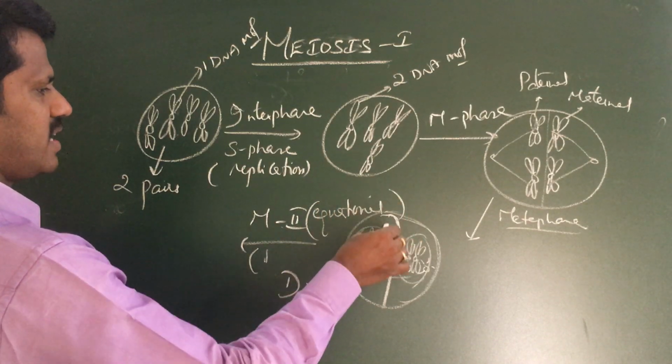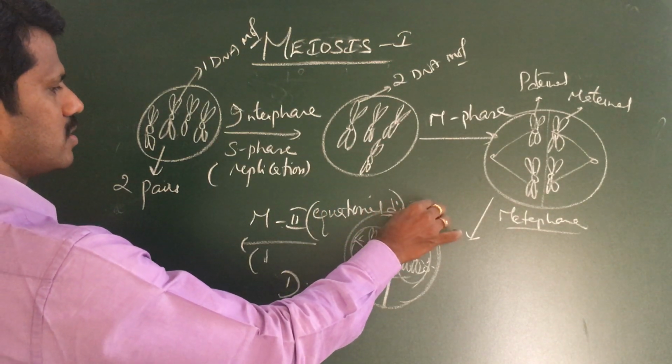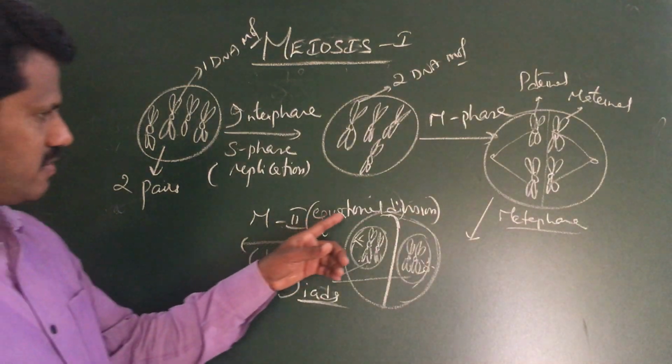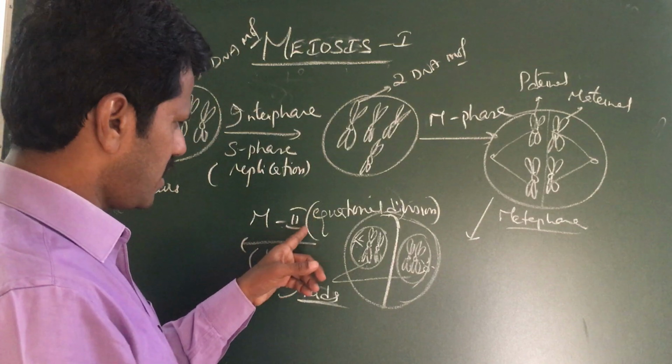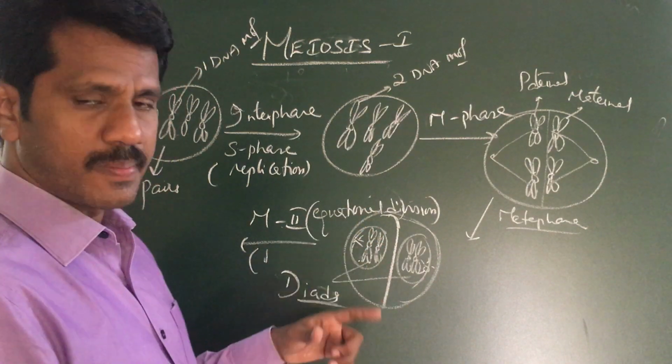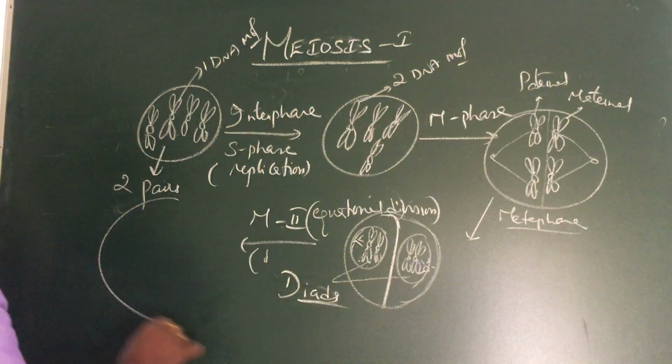Meiosis 2 is nothing but the equational division. It is just like in mitosis. Here chromatids will separate now, not chromosomes.